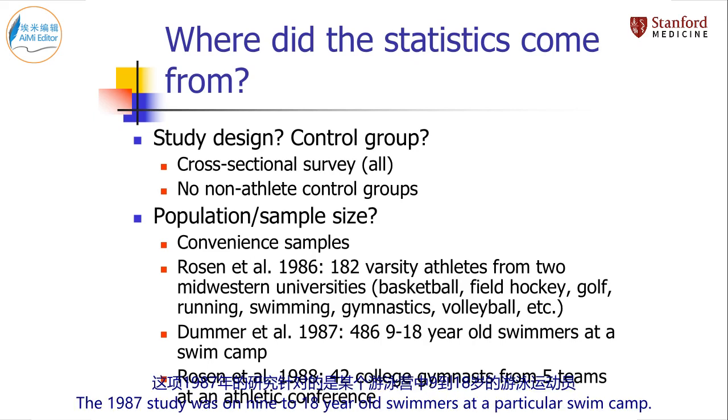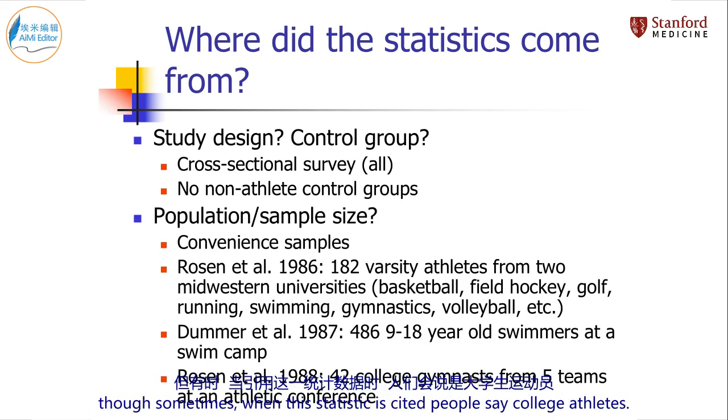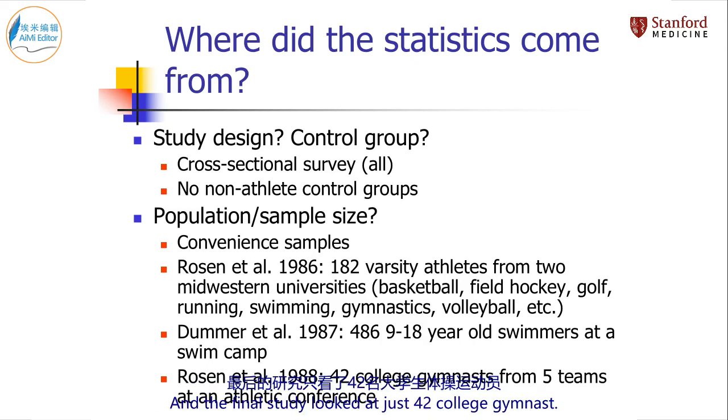The 1987 study was on 9 to 18-year-old swimmers at a particular swim camp. These weren't even college athletes, though sometimes when this statistic is cited, people say college athletes. And the final study looked at just 42 college gymnasts. So these are totally non-representative samples across a wide range of athletic groups with no controls.